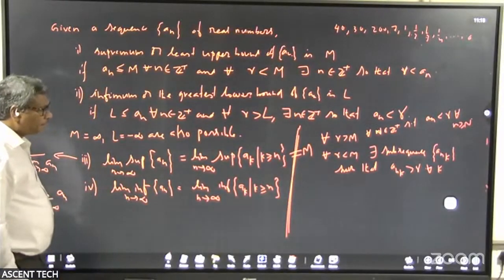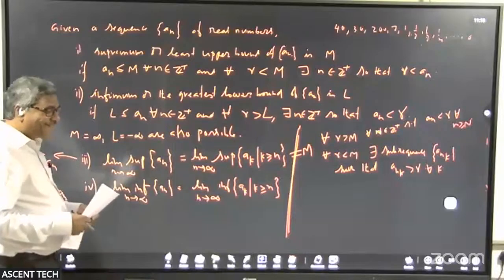Okay. If it is an oscillating sequence, like a sinusoidal or something, take something like that. Now the supremum is in many places, right?